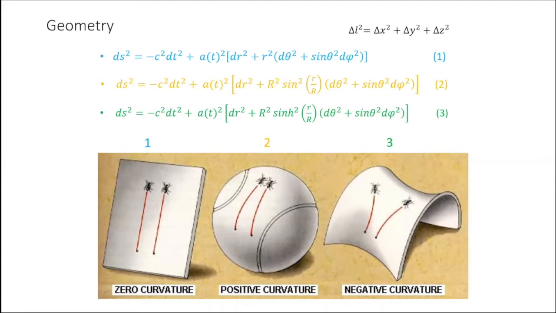So the universe could take any of these geometries, but as long as it changes its size, it cannot change its geometry. Once it picks one geometry, it's going to stick with it for the rest of the history of the universe.